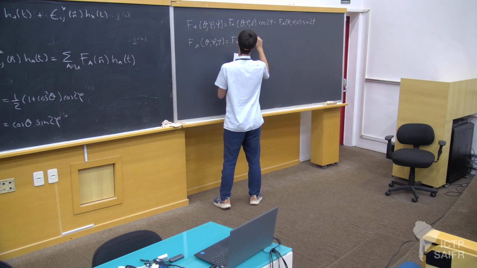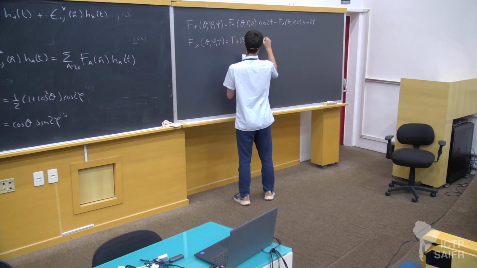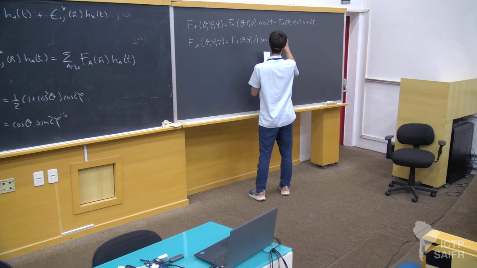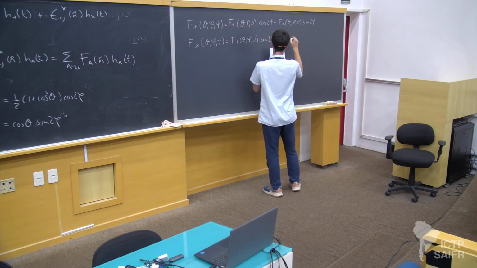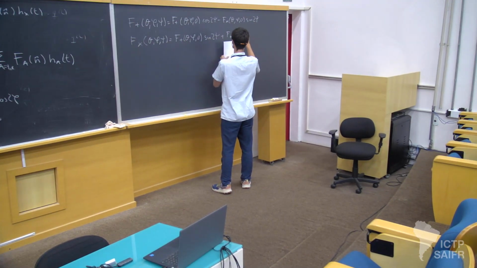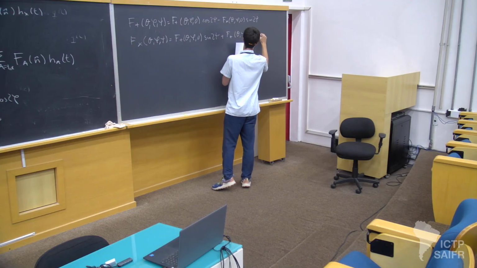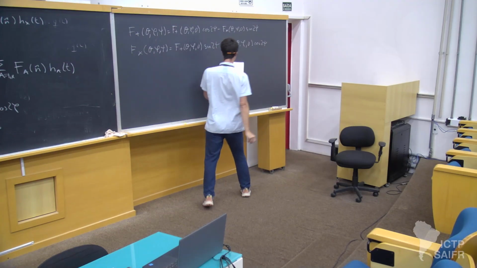Okay. So the important thing here, the actual dependence on the angles is not super relevant, I would say. But the important thing is the signal itself that you detect.